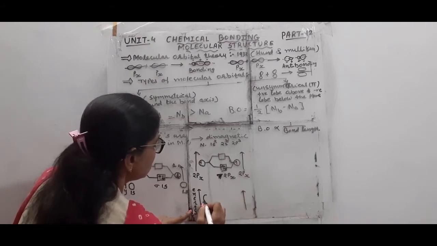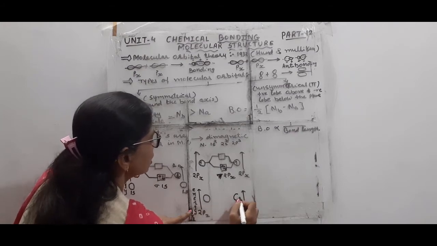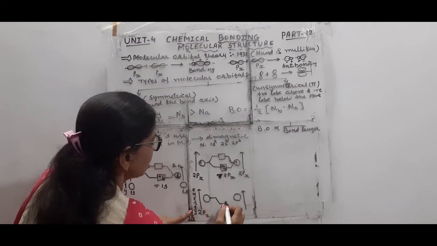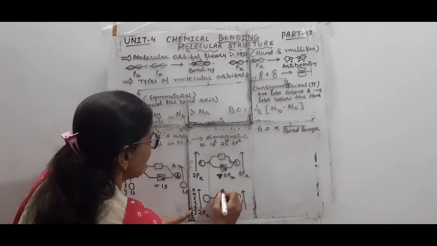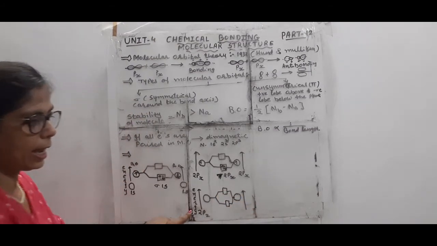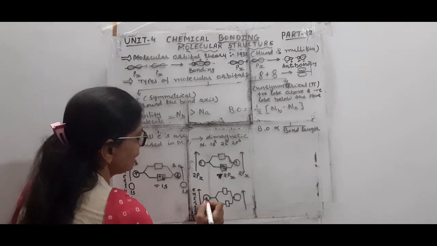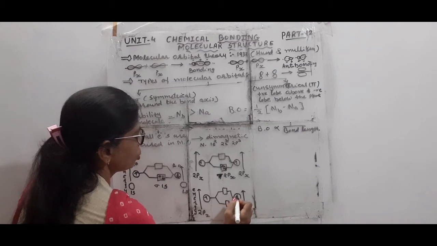So this is your molecule for this nitrogen. This is for another nitrogen. So now you draw the same way molecular diagram for this, and here this 2pz is also having 1 electron.